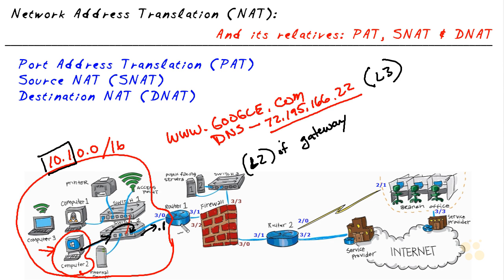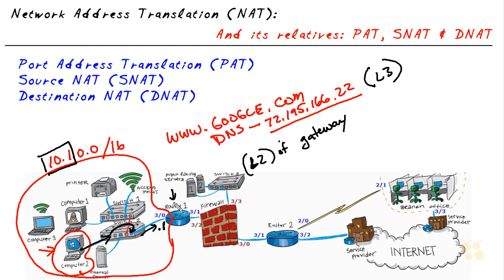So I'm not going to continue de-encapsulating this packet, but what I will do, because I'm a router and I know how to forward this packet in the direction of where it needs to go, I will continue forwarding this packet to its destination or in the direction of its destination.